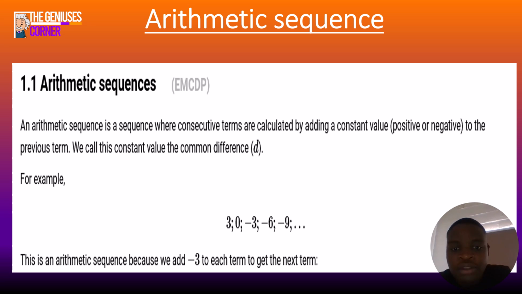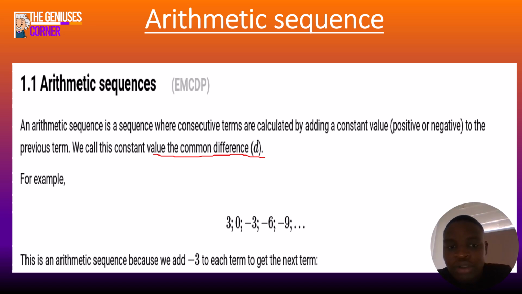In an arithmetic sequence we add or subtract a certain constant difference, which is symbolized as d. For example, let's say we have 3, 0, minus 3, minus 6, and minus 9. You can see that we are adding minus 3 to every term, or subtracting 3 from every term to get the next term. So that's what an arithmetic sequence is.